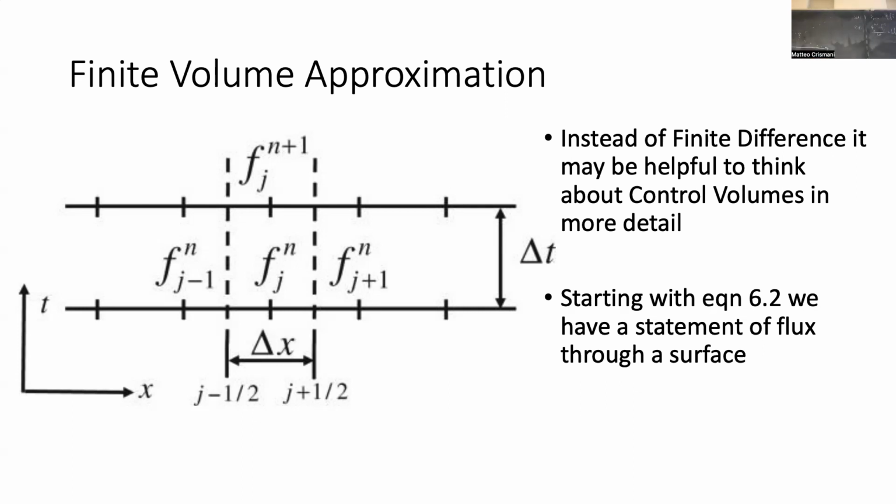The major conceptual difference between the two is that finite differences, not surprisingly, care about the derivatives at a point. The finite volume approximates the average to that value at a midpoint. Does that conceptually make sense?